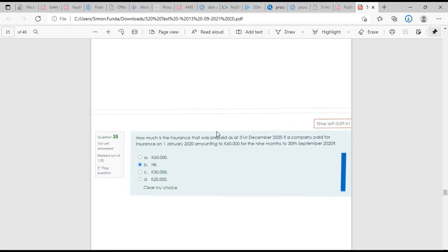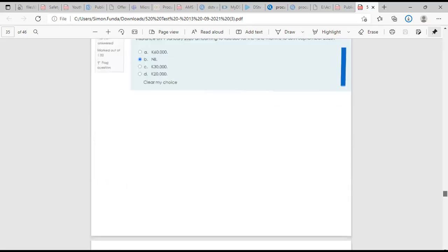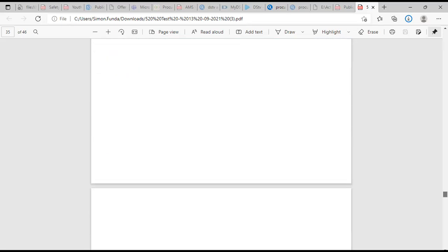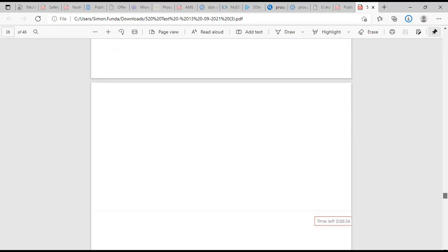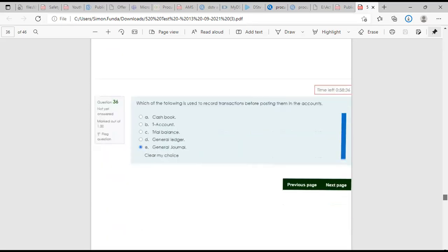So it's no longer a prepayment. Actually, it means we are even owing. It now becomes an owing or an accrual.